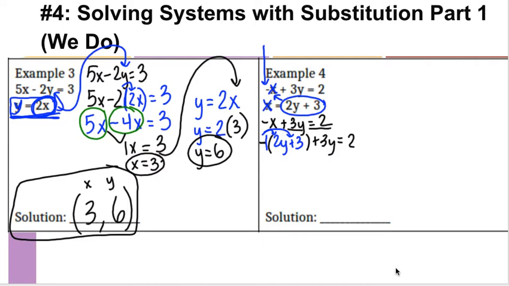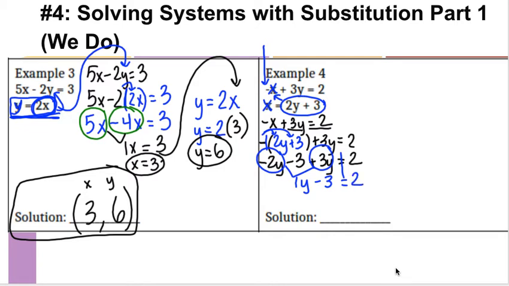So that becomes negative 2y, negative 3, add 3y, because that's out of the parentheses, I'm not multiplying it, equals 2. So now I find my like terms, if I have any. I notice I have positive 3y and negative 2y. If I combine those, I make positive 1y minus 3 is equal to 2.